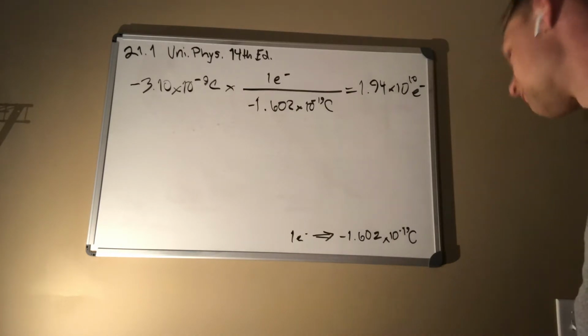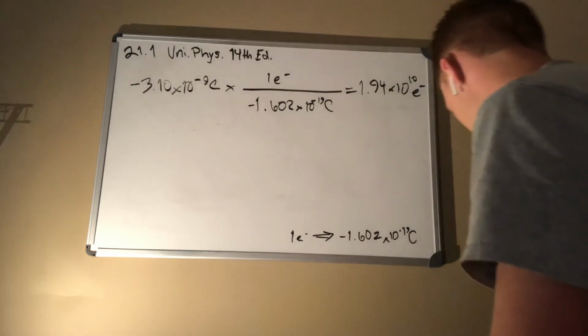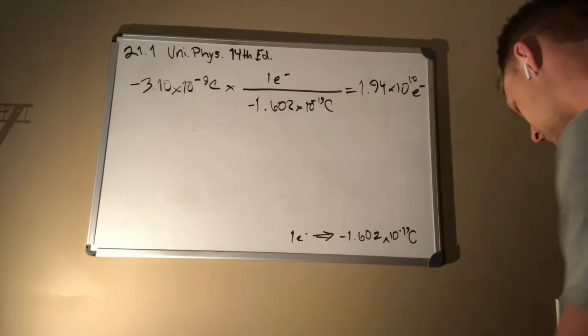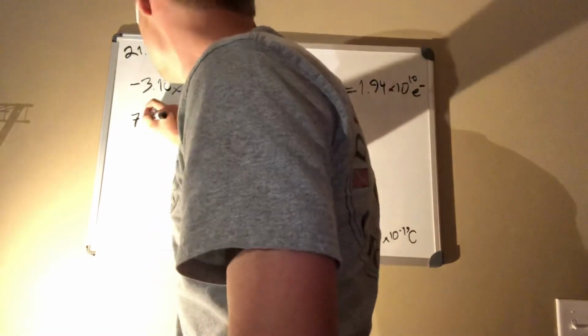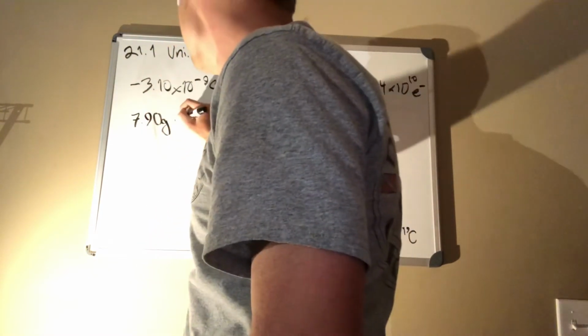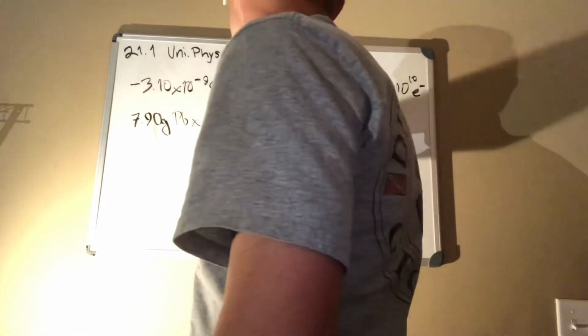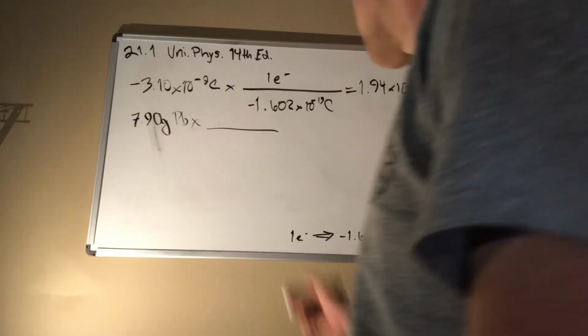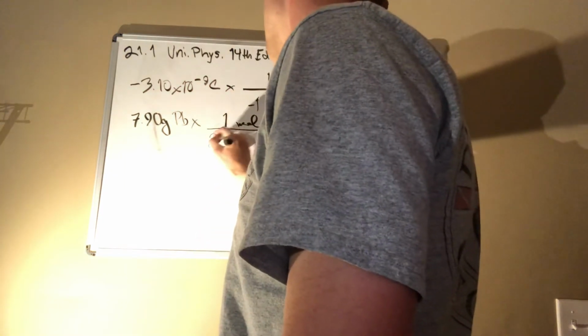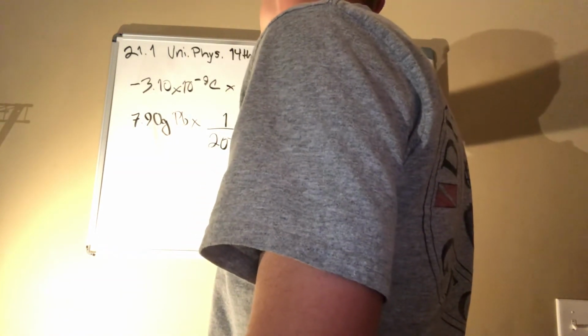For part B, essentially what we will want to do is take the mass of the lead, and you're going to want to multiply it by the amount of moles per gram, that is, one mole per 207 grams of Pb.